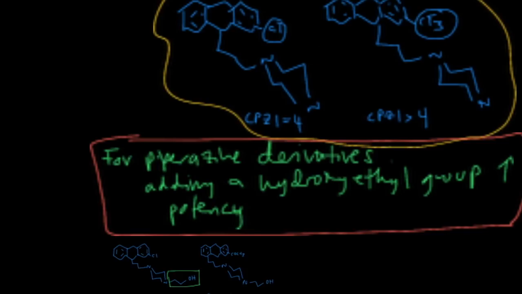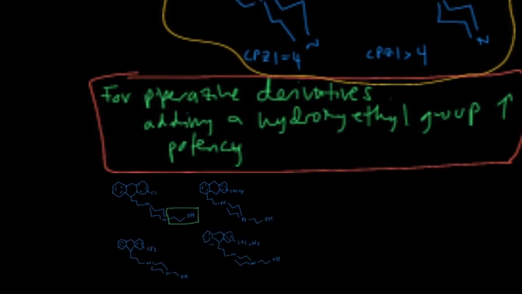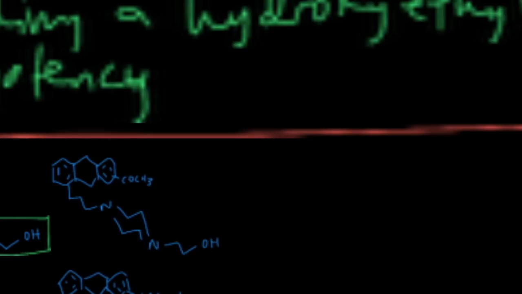And why? More potent because of the hydroxyethyl group. So, if it's more potent, would you expect the CpZi value to be greater than, less than, or equal to 4? Greater than 4.